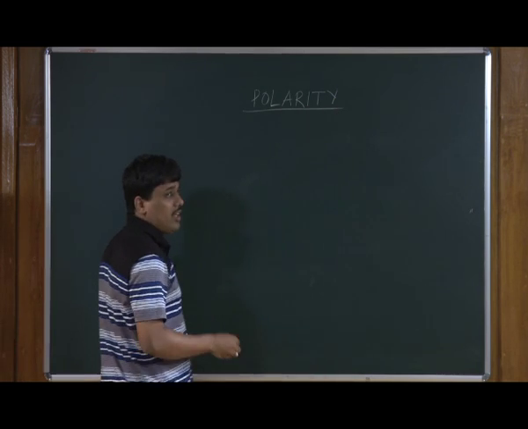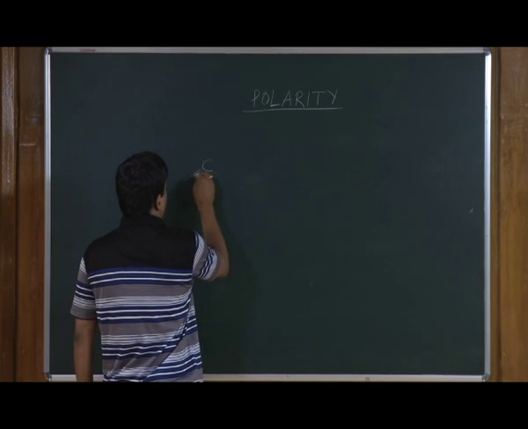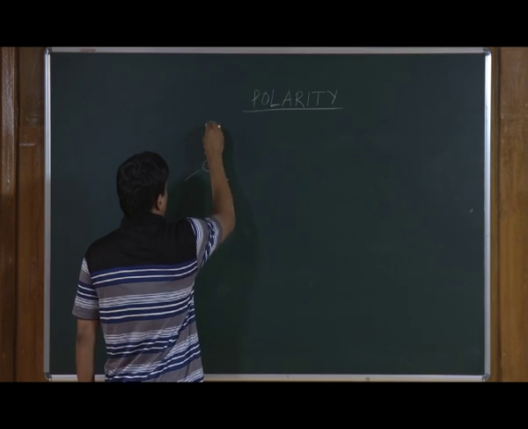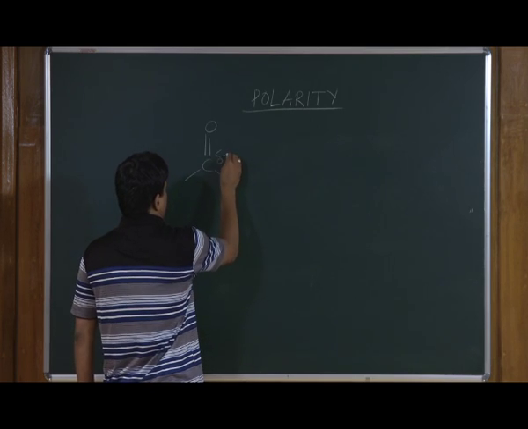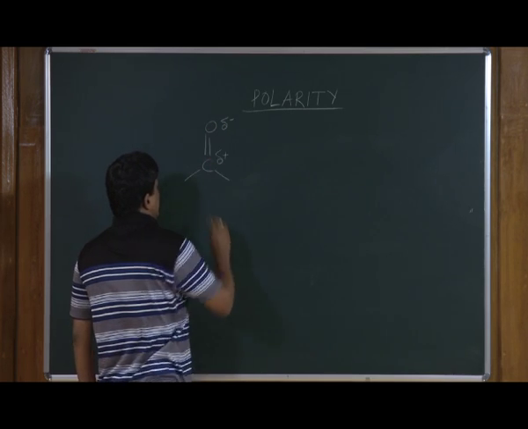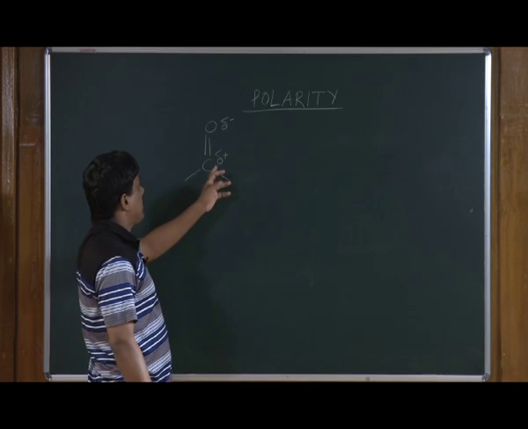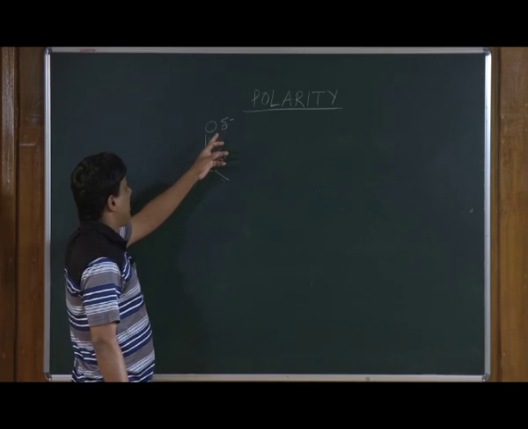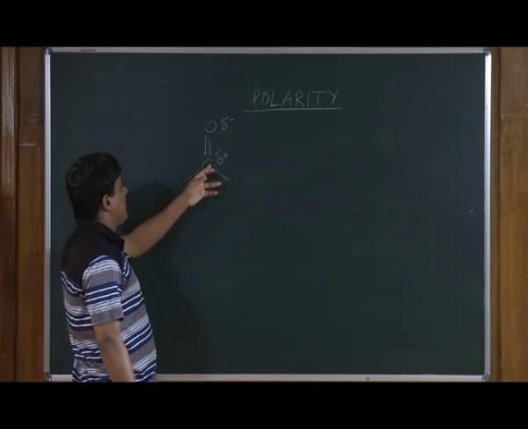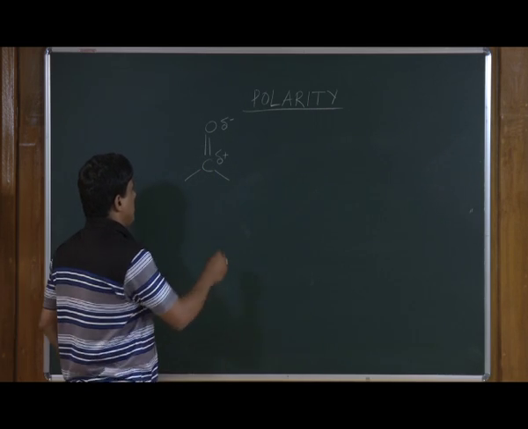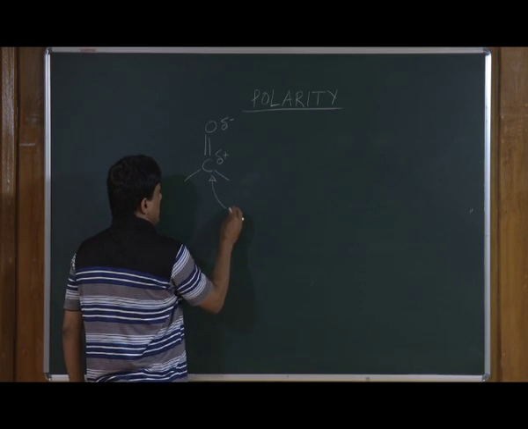So, in the carbonyl group, since oxygen is more electronegative than carbon, there is a delta minus on the oxygen atom and a delta plus charge on the carbon atom. So, what happens?